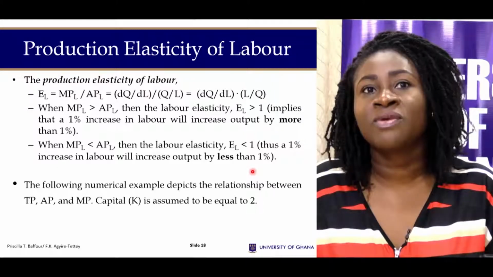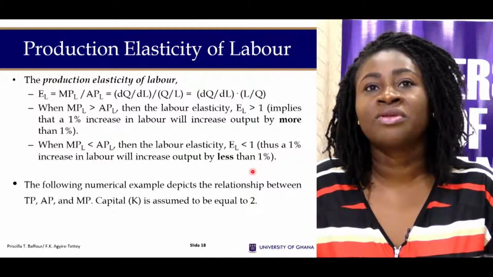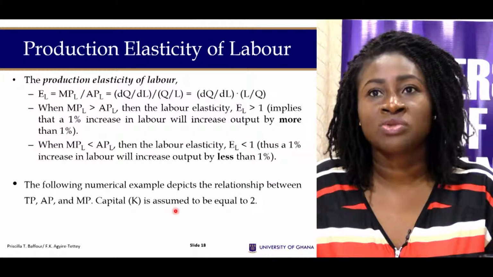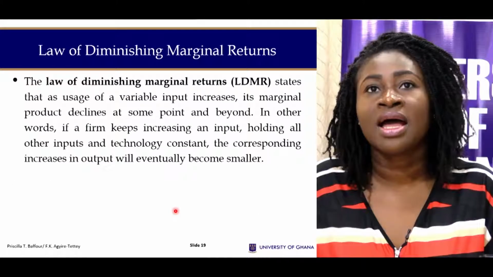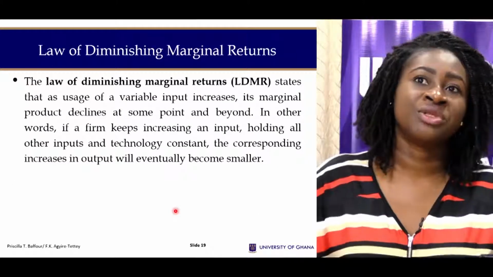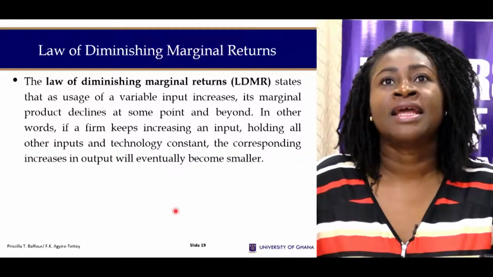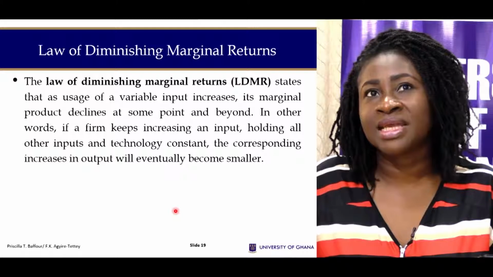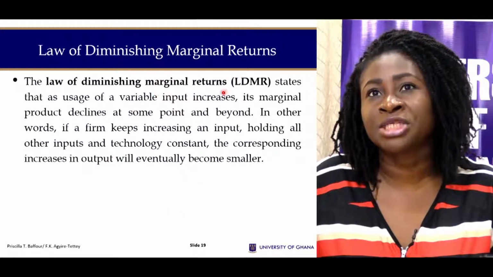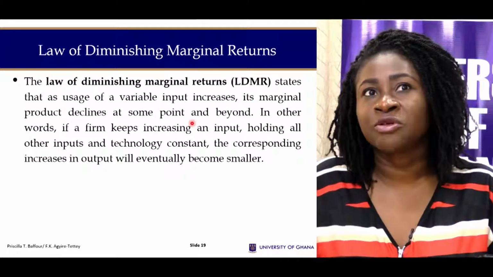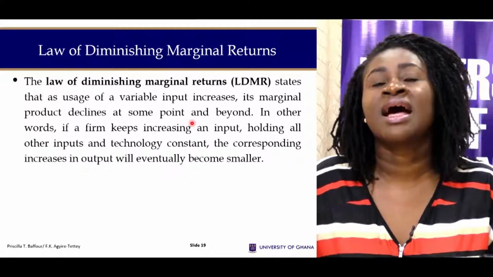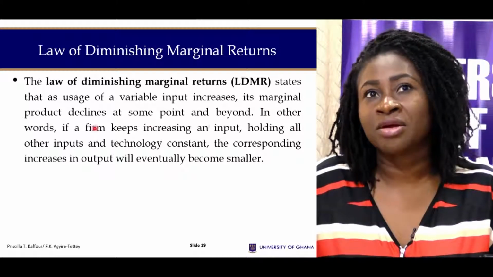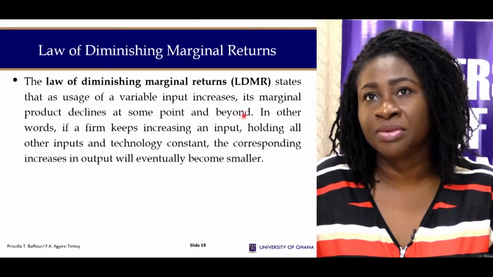So in terms of looking at it, the following numerical values depict what we are talking about as to the relationship between the elasticity. So we revisit the law of diminishing returns, but this time it is the law of diminishing marginal returns in terms of production, which states that as usage of one variable input increases, its marginal product declines at some point and beyond, right?